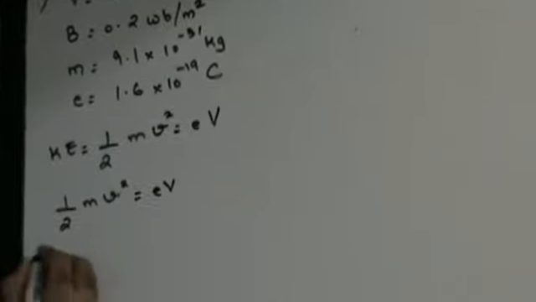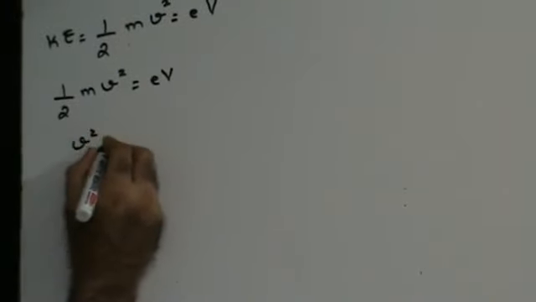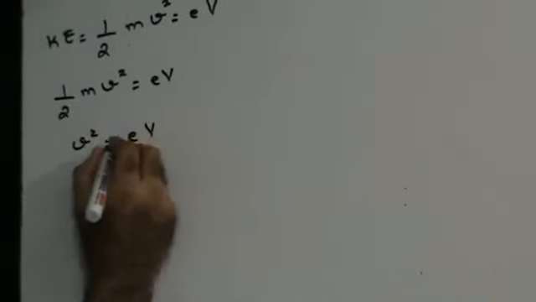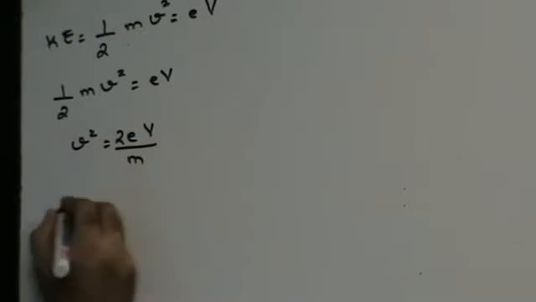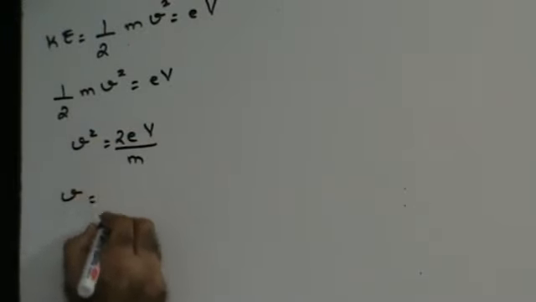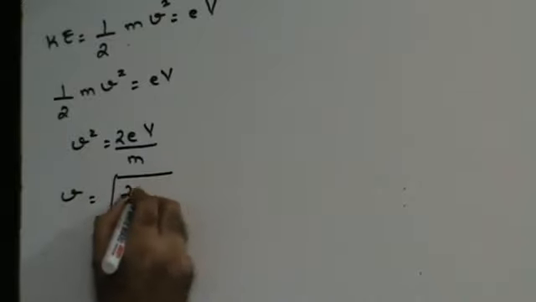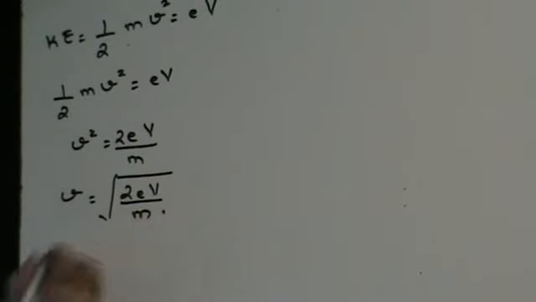So v square is 2eV upon m, and v is equal to square root of 2eV upon m. I know e, V and m, so I should be able to find out the velocity of the electron.